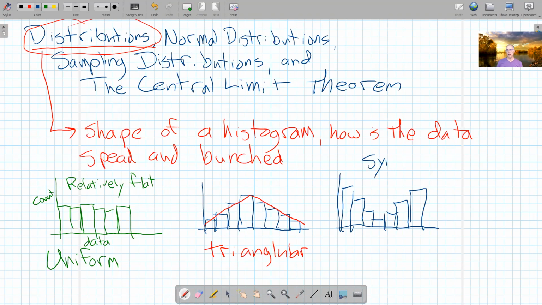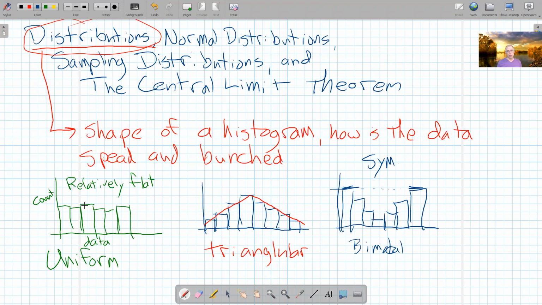So I could say, hey, this is symmetric. But I have these two stacks which appear to be about the same size. If they were exactly the same size, then this would be bimodal also. Something could be bimodal but not symmetric. Something could be relatively symmetric but not bimodal. There are all different kinds of shapes that we can have.